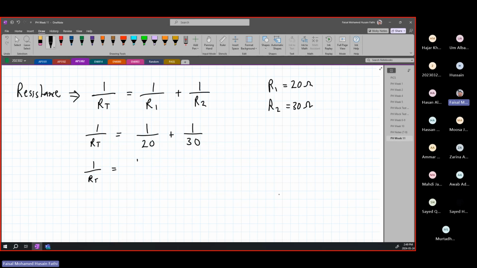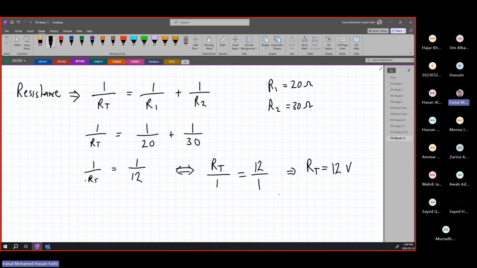It's going to be 1 over 12. Okay, remember this is 1 over RT. This is not our total. Our total, we have to do the inverse. Okay, so we have to basically swap up and down for both sides. So this is the same as saying RT over 1 is equal to 12 over 1. Okay, or in other words, our total is equal to 12 volts.